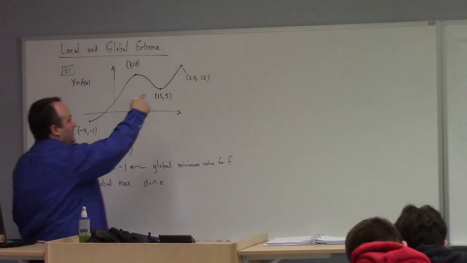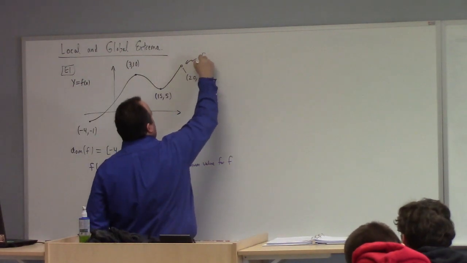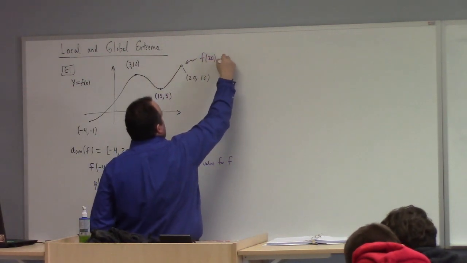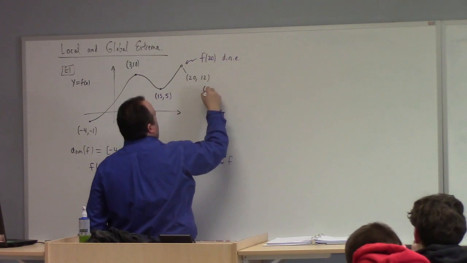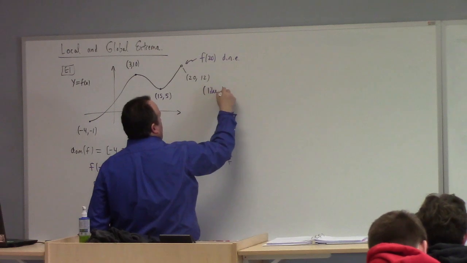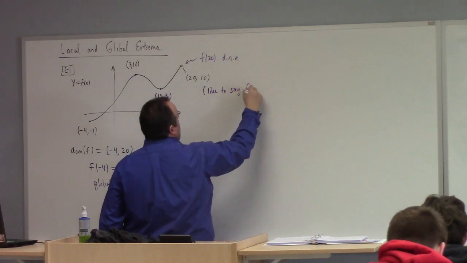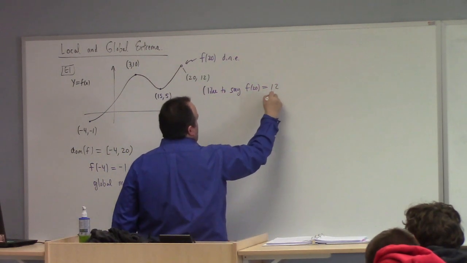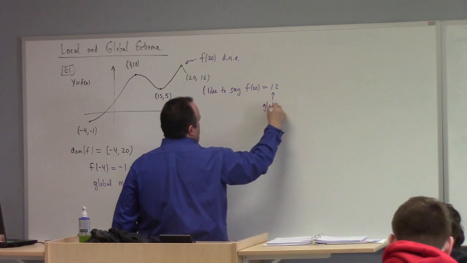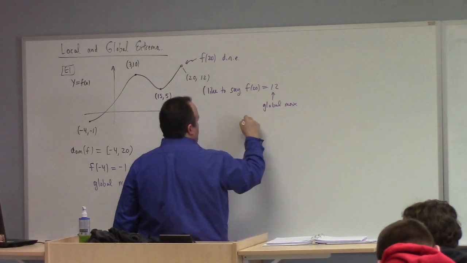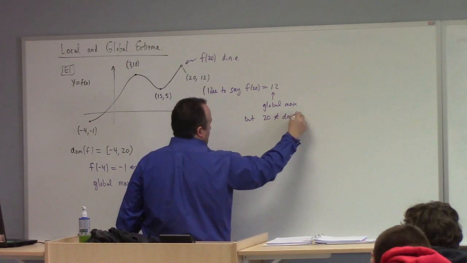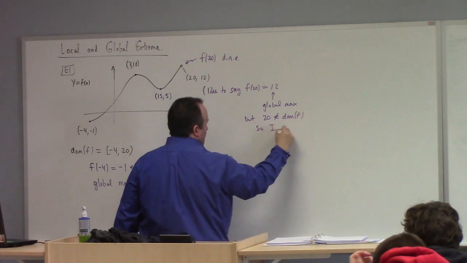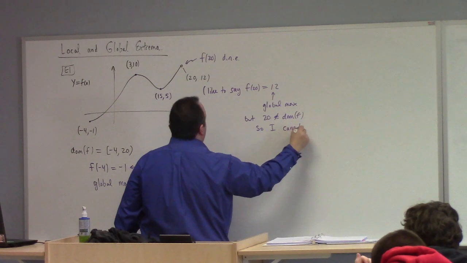Like here, that open circle means that f of 20 does not exist. So, you know, I'd like to say that f of 20 equals 12, that's the global maximum, but 20 is not an element of the domain. So I can't.